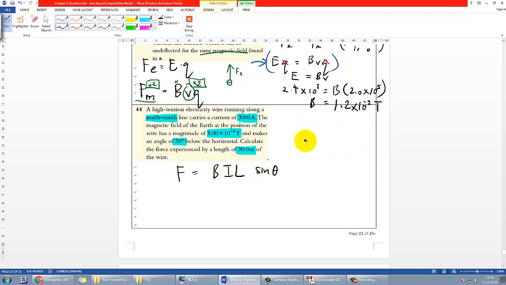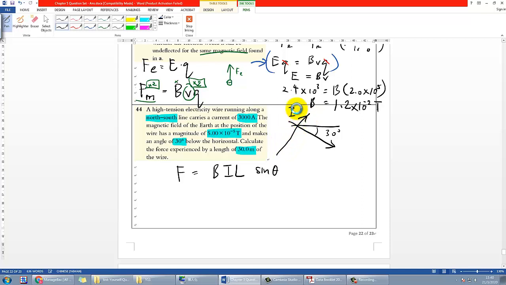If you really want to check it, the field is 30 degrees below the horizontal. Here is a wire, and a current. It should actually be a 3D diagram, so this is not very good.